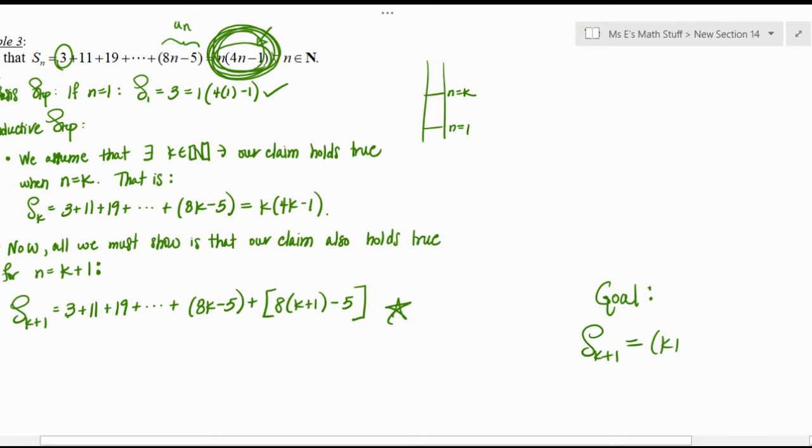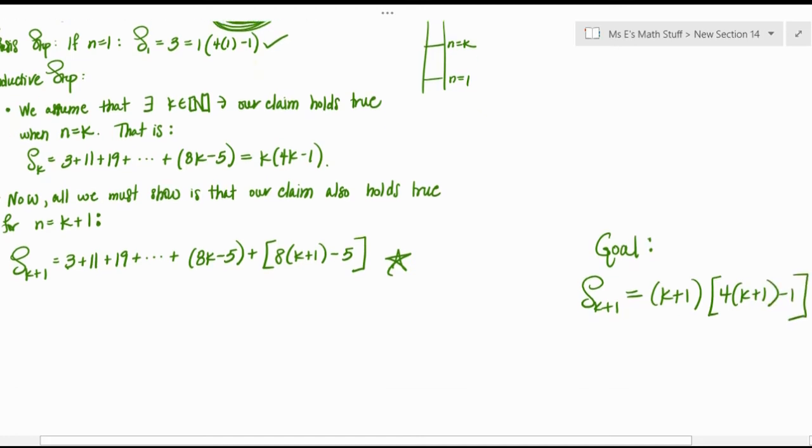So you'd have k plus 1 for the n there, and then you'd have times 4 times k plus 1 minus 1. That's your ultimate goal. Now I'm going to simplify that just a little bit to show what my step right before it would look like. That would look like 4k plus 4 minus 1, 4k plus 3. There we go. So this is your ultimate goal, and this is what it would probably look like right before you get your ultimate goal.